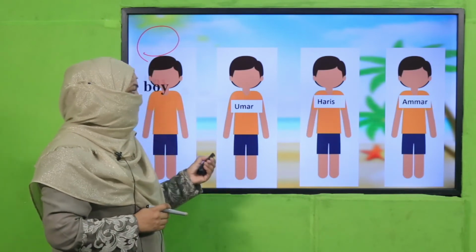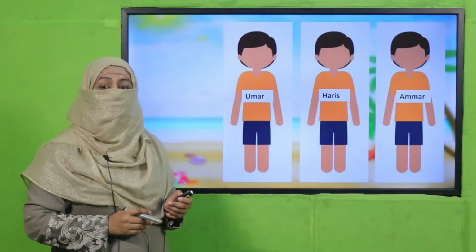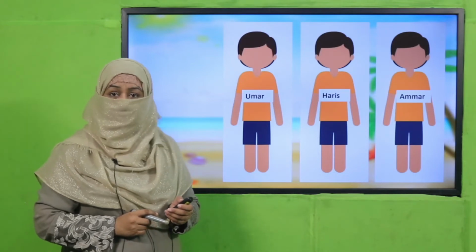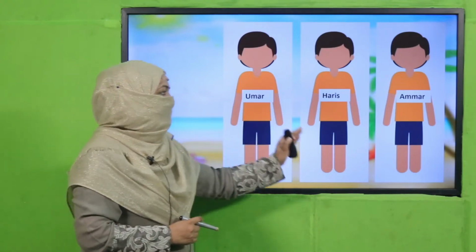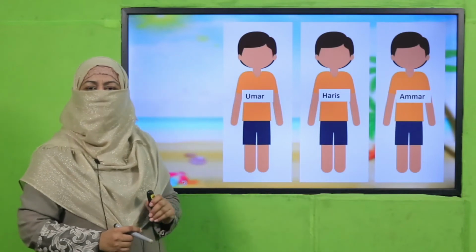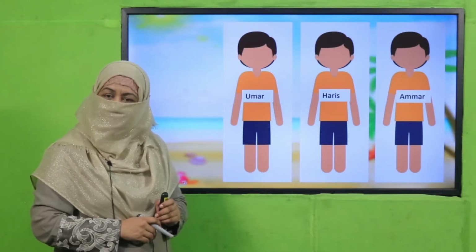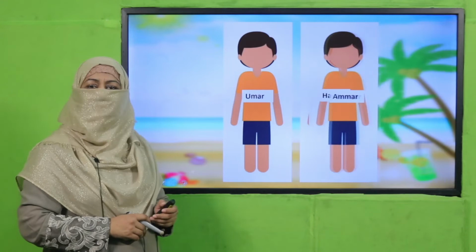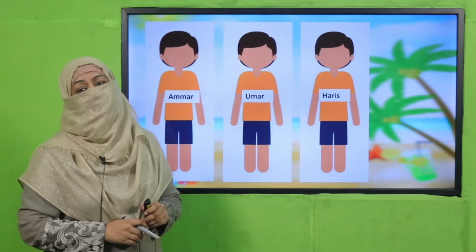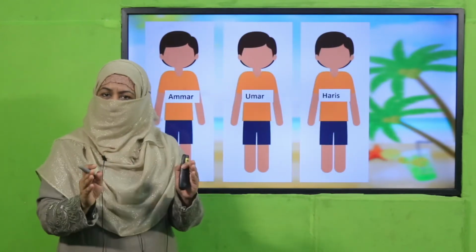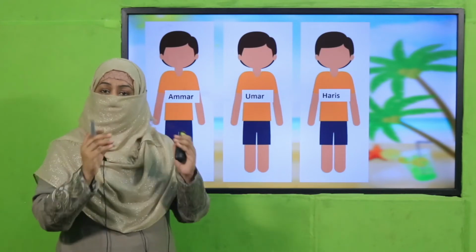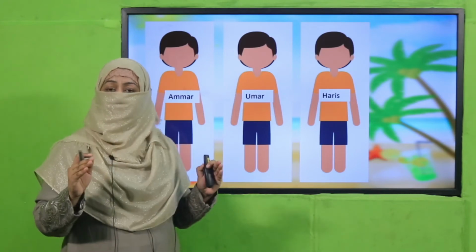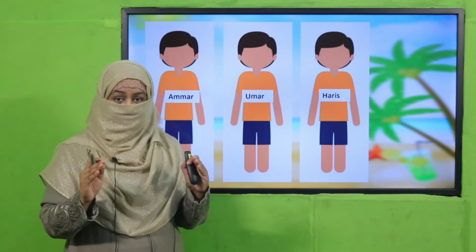But in the same situation, if I use a particular name, Umar, Haris, and Ammar are standing, and I say, Ammar, please come here. Who will come? Ammar, because I have used a particular name. So this is the only difference. The rest of the things, the categories and how we have categorized the naming words, are the same.